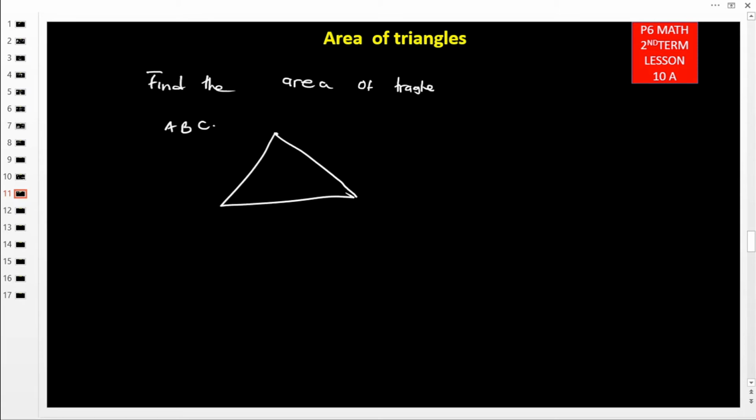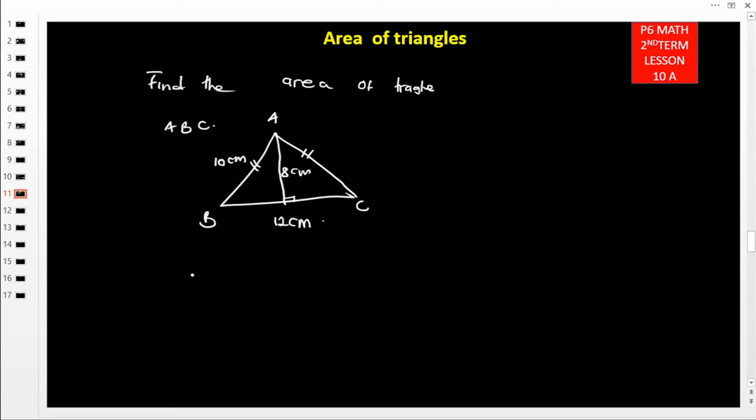Here we have this line, then these ones like this. This is point B, this is point C, and this is point A. Here we are having 10 centimeters, here 8 centimeters, and here we have 12 centimeters. We are going to find the area of this triangle ABC.